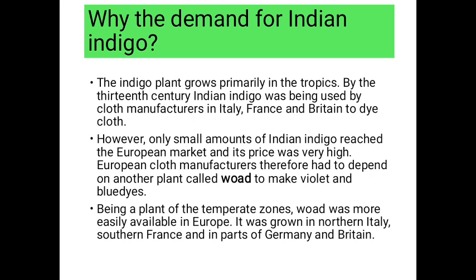The temperate zones run from the Tropic of Capricorn to the Arctic Circle, and from the Tropic of Cancer to the Antarctic Circle. In this region the woad plant is mainly grown, and it was easily available in Europe and the European market. It was grown mainly in northern Italy, southern France, and even in other parts of Germany and Britain.